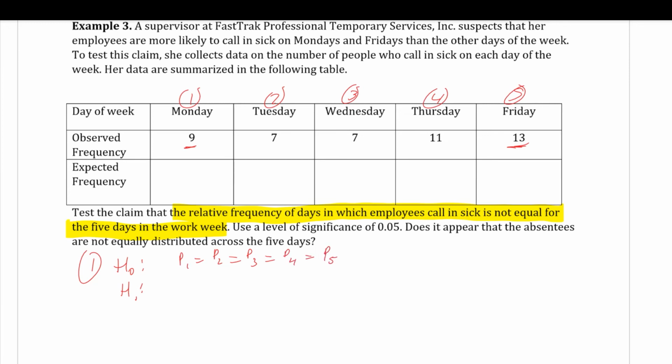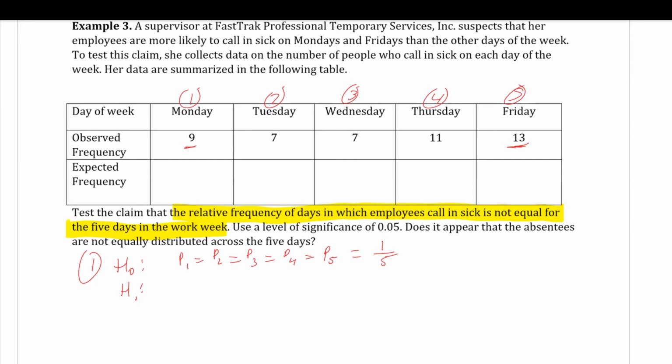All right, so these 5 days, right, there's 5 work days, and if each one has the same probability of occurring, and we know that all 5 probabilities have to add up to be 100% or 1, then what does each one of these proportions have to equal? Well, doesn't each one have to be equal to 1 over 5, right? 1/5, 1/5, 1/5, 1/5, 1/5, right? That way it all adds up to just 1. Okay, make sure that that makes sense, okay?